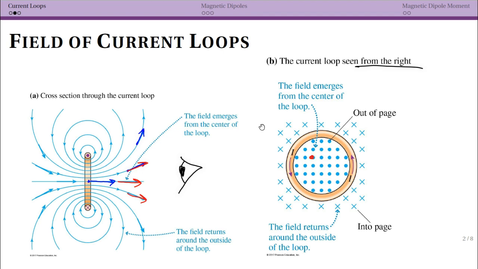And so what we see here is that these field lines in the center are coming out at us. But notice that then, out here, we would have the field going away from the eyeball, right? Because your circle's going that way, so your field is actually going away on the outside, and we see it's going away on the outside.